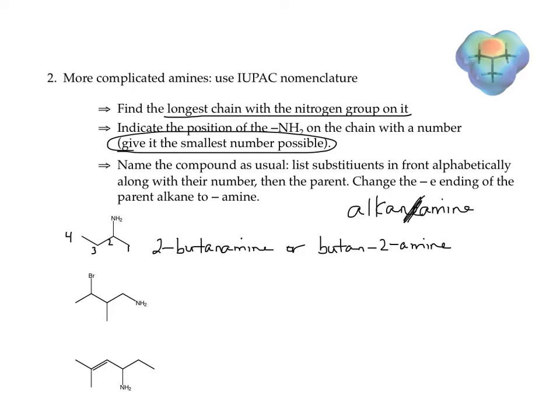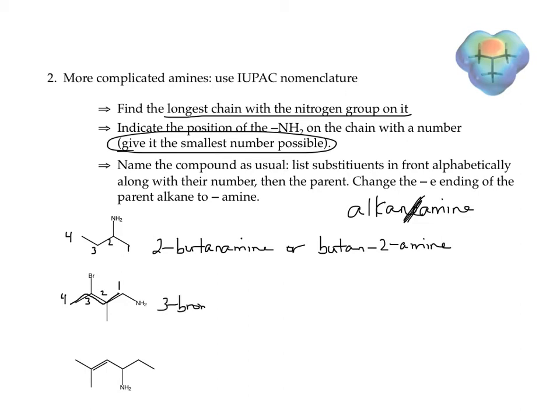Going ahead and taking a look at this next one, the chain that contains the NH2 will be the one I just outlined there. We're going to number it so that the amine gets the smallest number, so it is actually at number 1. So we'll have 1, 2, 3, 4. There's a bromo at number 3, so we'll start with that since it comes first alphabetically.